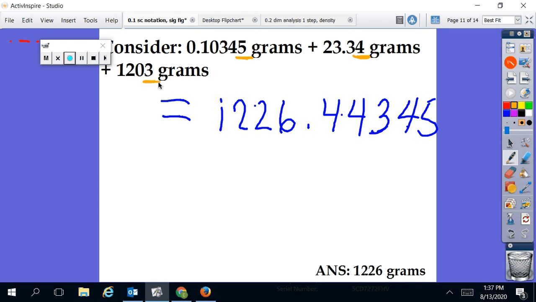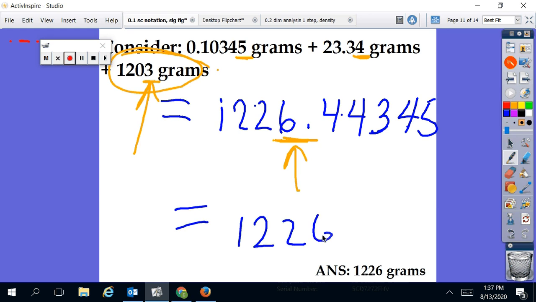I'm underlining the last significant figure around the decimal for each of the numbers. The least accurate term is this one here, the number 3, which is in the ones place. So I'm going to cut it off right there at the ones place, making my final answer 1226.